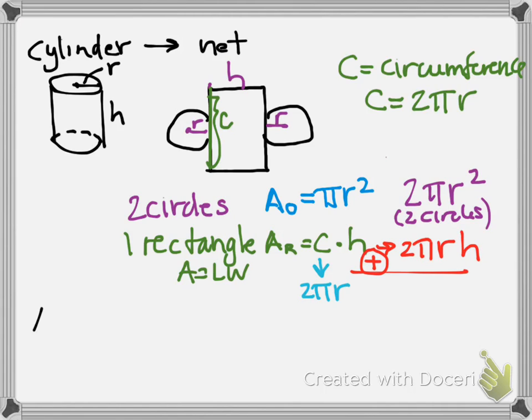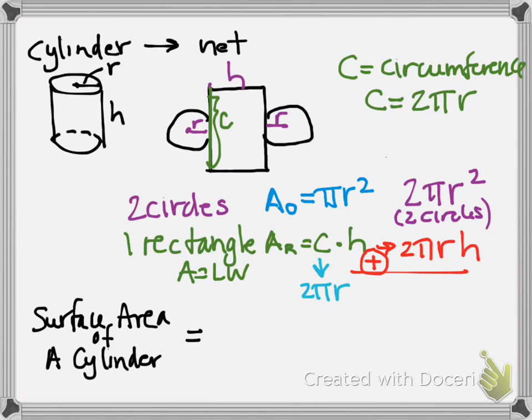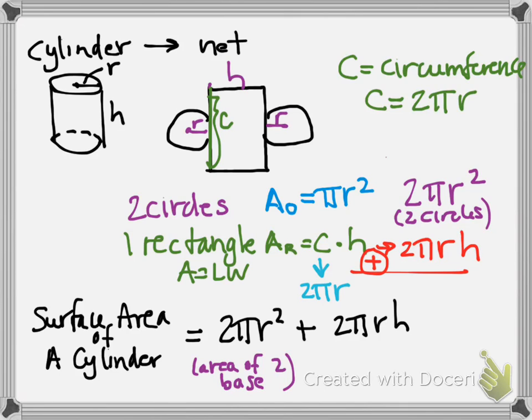So the surface area of a cylinder is equal to the area of the 2 circles, the 2 bases, plus the 2 pi r h, which is the area of the lateral side.